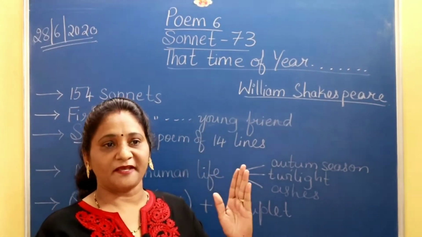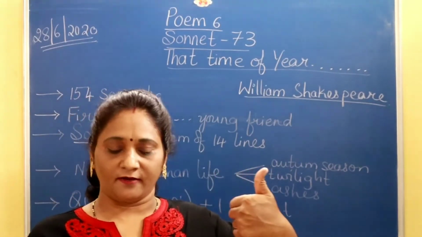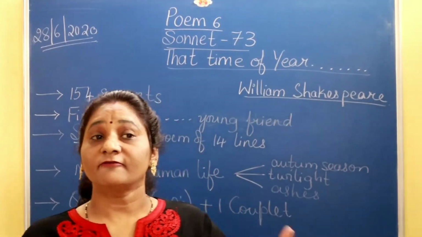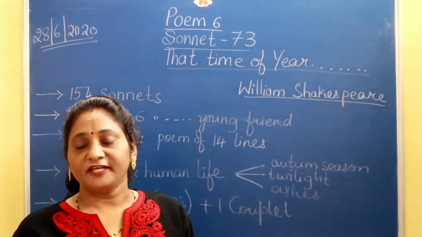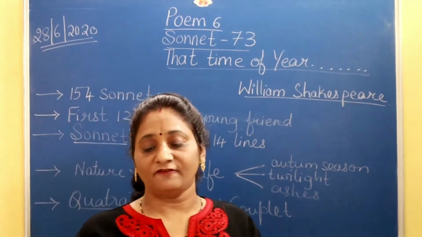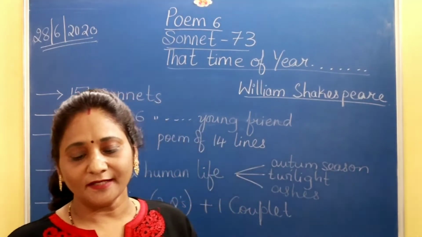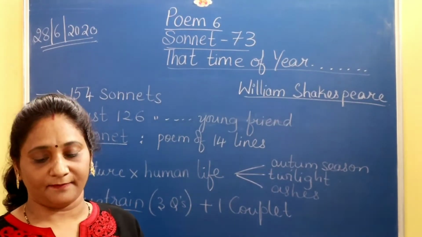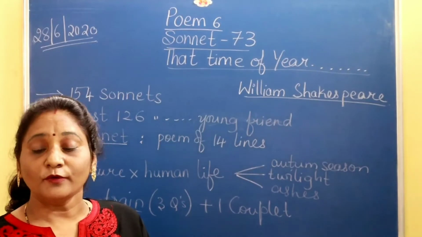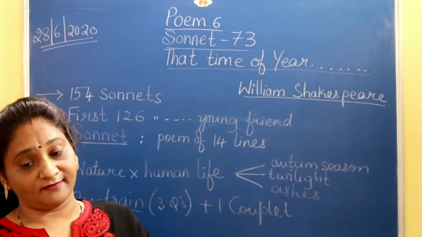So we have to make our love strong. We have to make our relationship strong, our bonding strong. When we realize how short life is, then we surely utilize this short time only for love and not for any hatred.